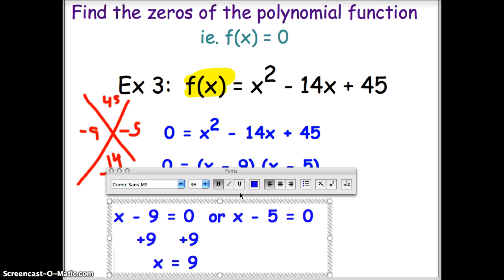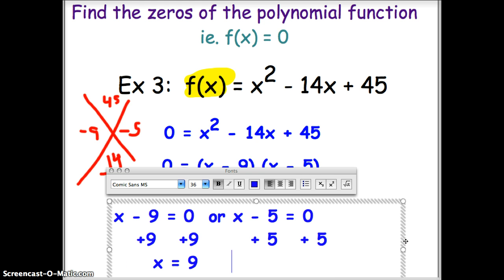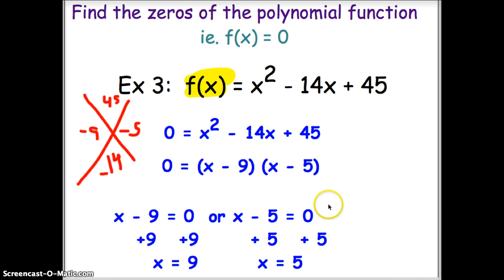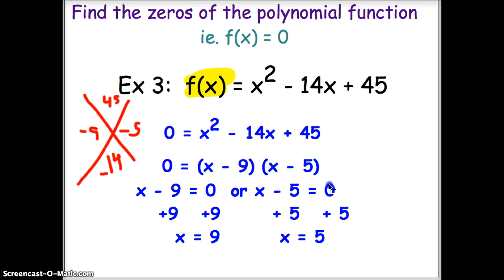On the second one, I'm going to add 5 to each side, which leaves me with x equaling a positive 5. So it's the exact same up until this point.